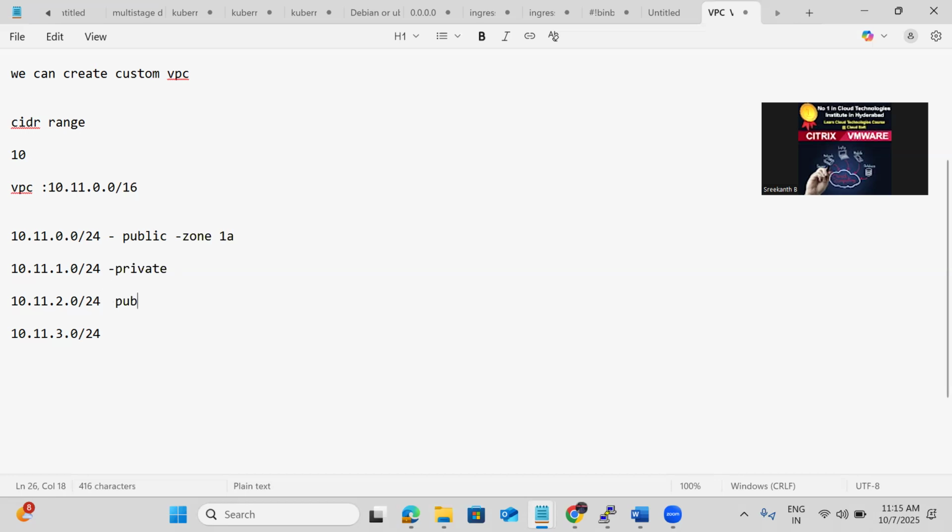Then public in 1B, and private in 1B. Here I need to keep both public and private.